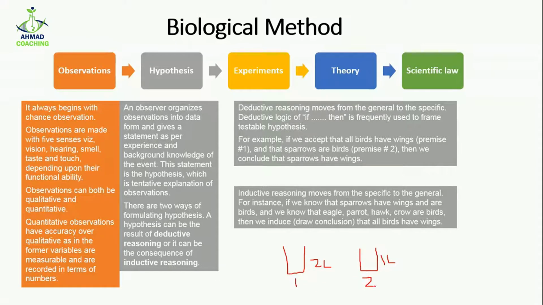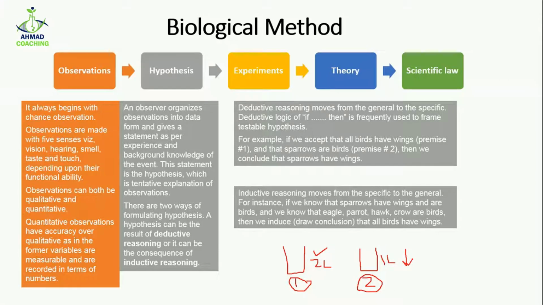I can make a hypothesis based on my quantitative observations, and I can say that bottle number 1 is good as compared to bottle number 2. Why? Because bottle number 1 is giving me more water while bottle number 2 is giving me less water.